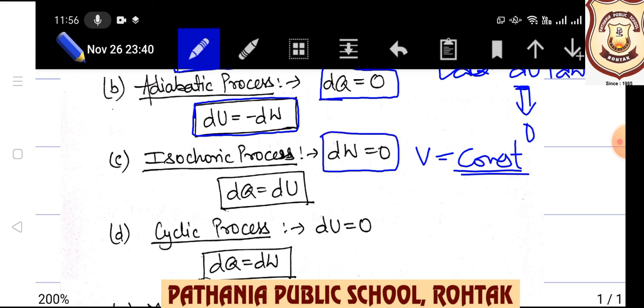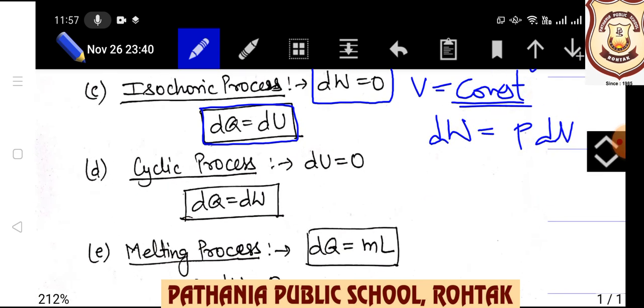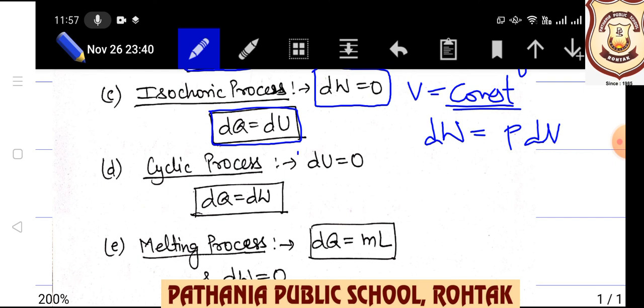Thus du becomes equal to dq, or ml. That is how the first law is applied to the melting process. In other words, the increase in internal energy du is equal to the heat supplied to the system dq, which in turn is equal to ml, which is utilized in changing the state, and temperature remains constant.